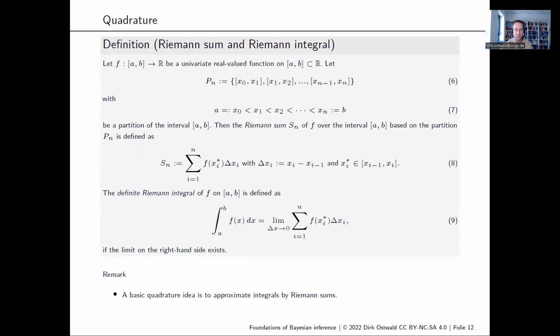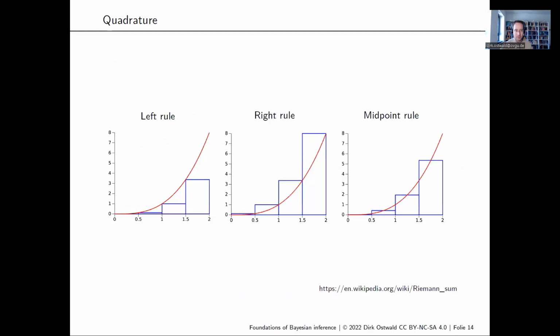So what is this? Maybe let's look first at the picture. You all know that an integral is the area under the curve. If you want to integrate something numerically, of course, you can put rectangles under your curve and make these rectangles smaller and smaller.